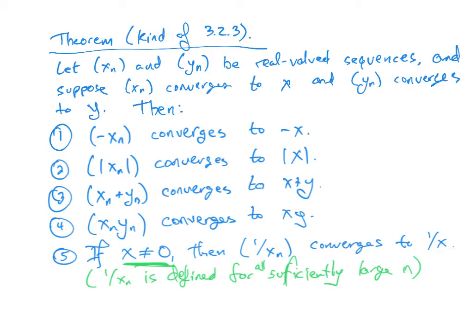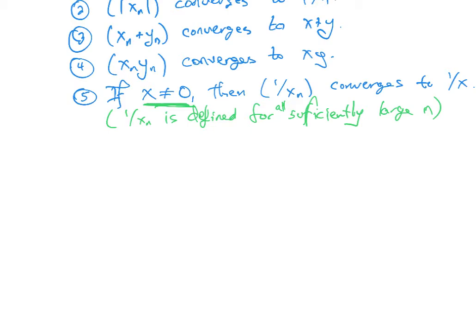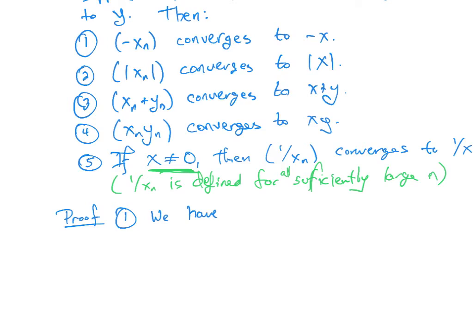Now, in terms of a proof, this is proved in all its detail in the textbook, of course. We don't have time to go through really formal proofs for all of them, but let me just indicate what's going on. In number 1, we want to show that minus xn converges to minus x.